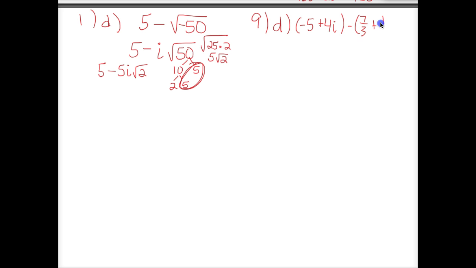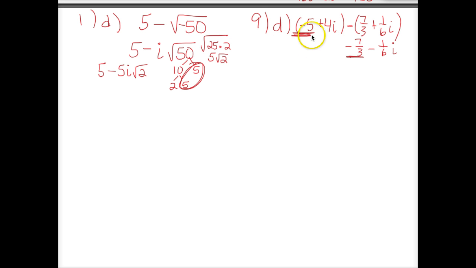So this is subtraction, which means anytime you have subtraction, your first step is to distribute the negative. So minus 7/3 minus 1/6 i. Now I need to identify and combine like terms. Here's negative 5 and negative 7/3. Those are like terms. You can actually combine those, but you need a common denominator.